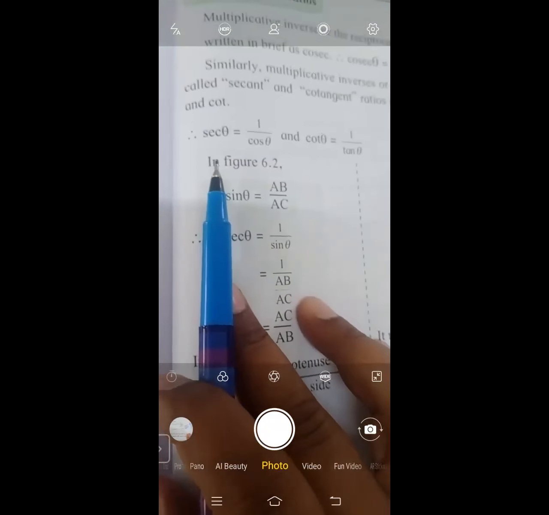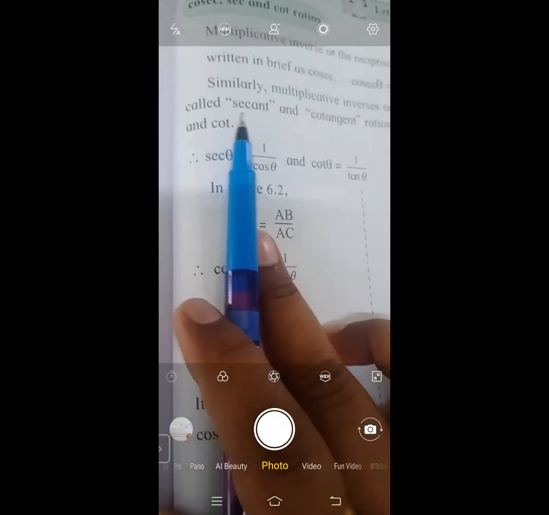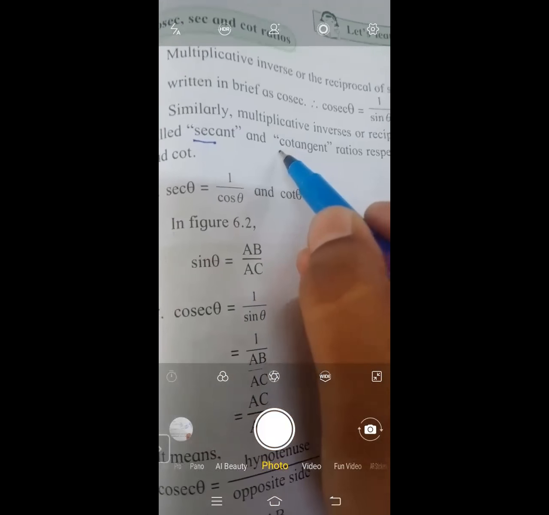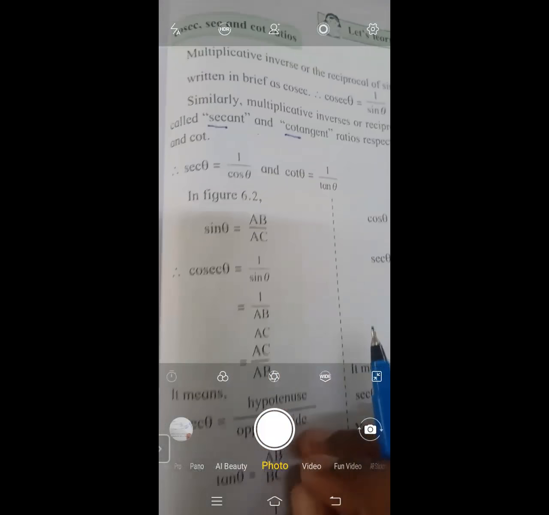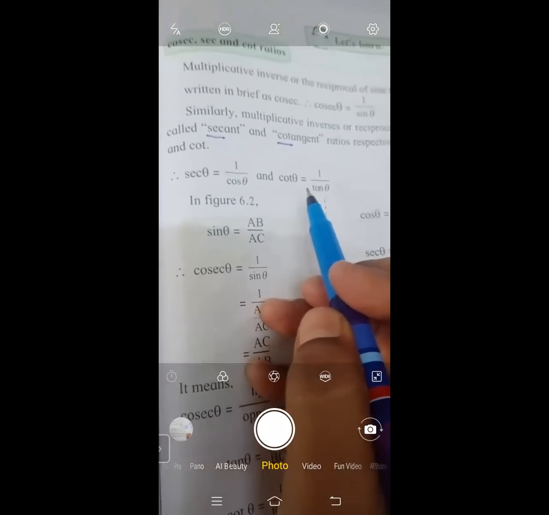They are written in brief as sec and cot. So sec theta is equal to 1 upon cos theta, and cot theta is equal to 1 upon tan theta.